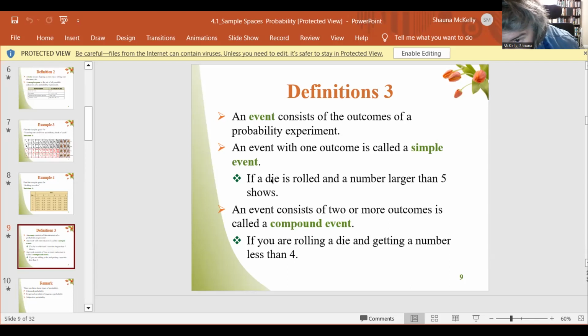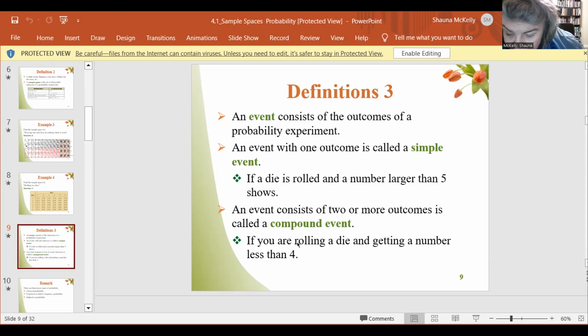An event that consists of more than one outcome, meaning, now, don't confuse this, okay? If you're doing one event, you could have more than one possible outcome that fits this situation. That's what this compound event means.